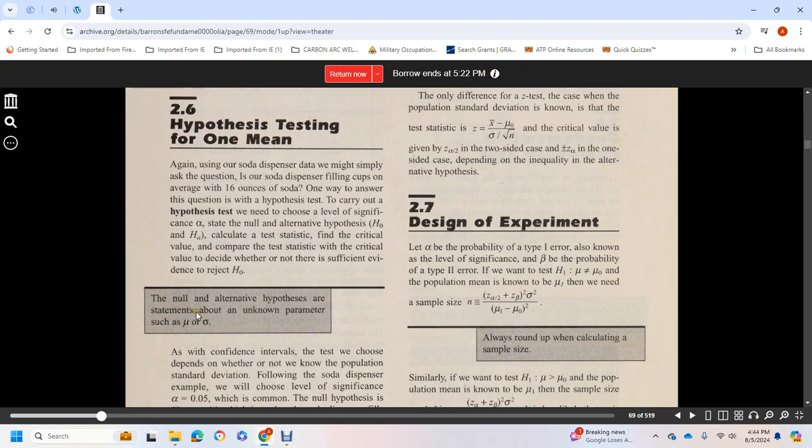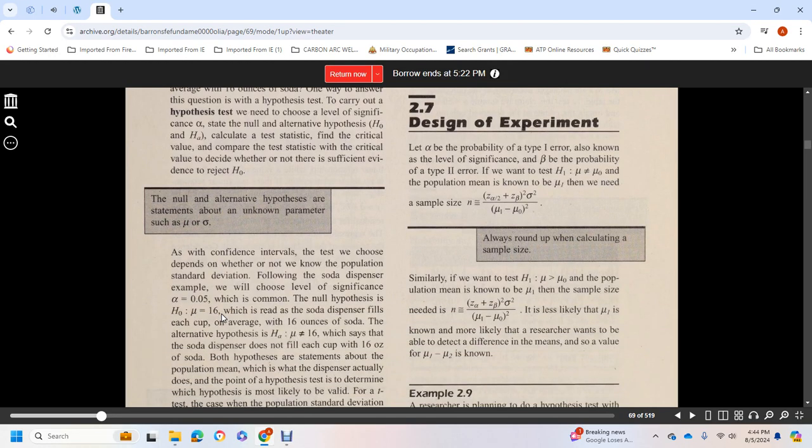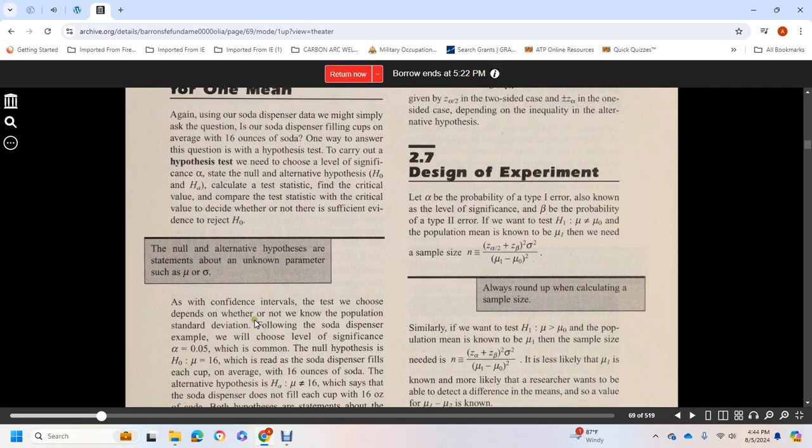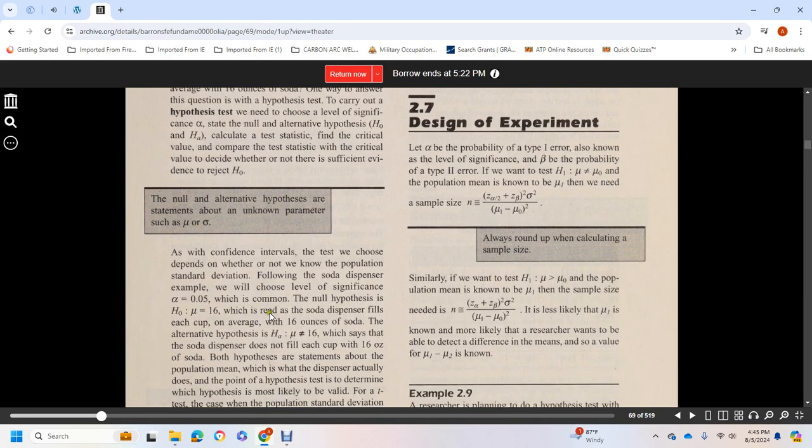The null and alternative hypothesis statements are about unknown population parameters, such as the mean and standard deviation. As with confidence intervals, the test we choose depends on whether we know the population standard deviation. From the soda dispenser example, we choose the significance level and state the null and alternative hypotheses.